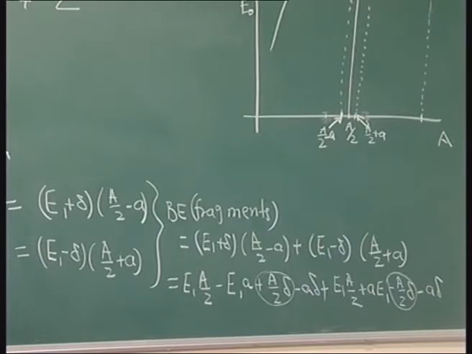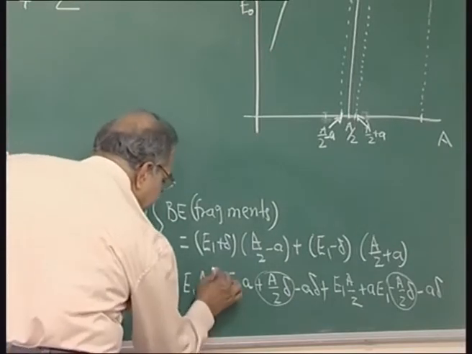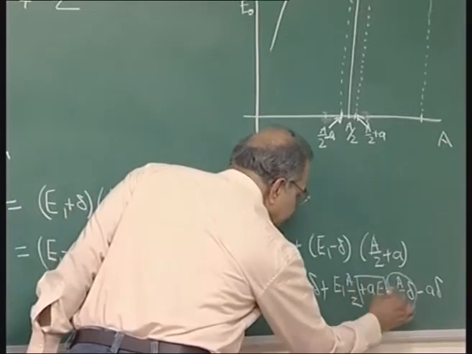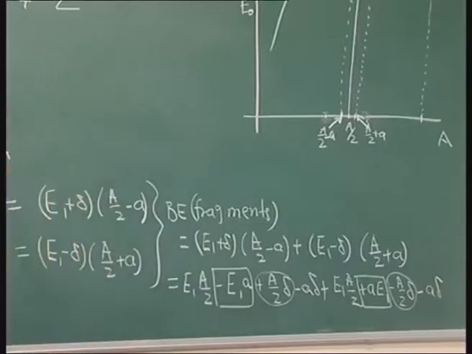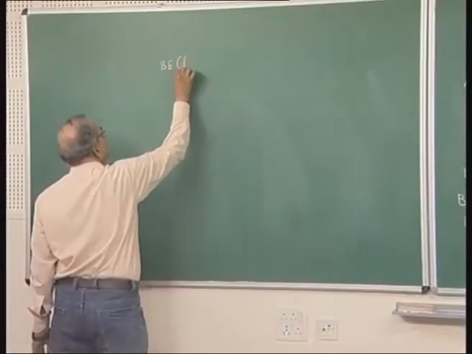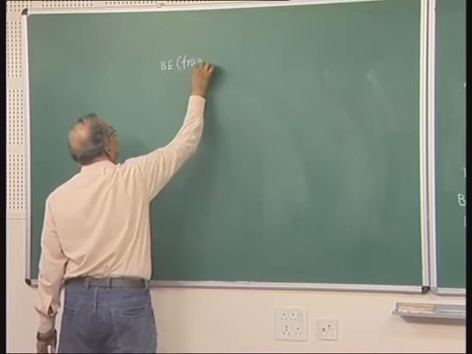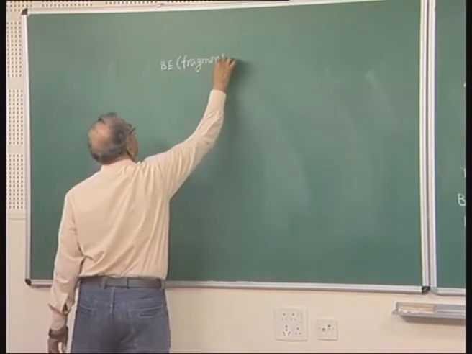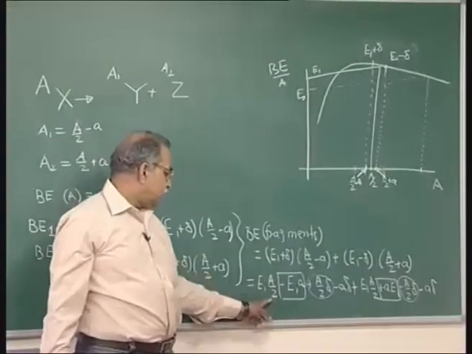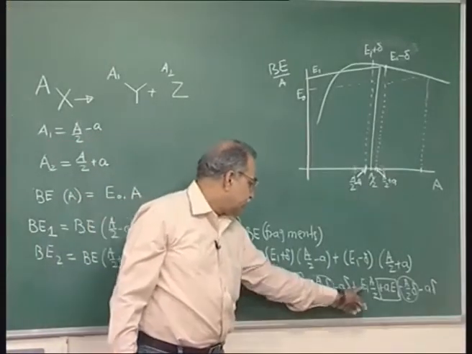And the rest of the things you can work out. E1 times a also, I can see here you have a minus E1 times a and here you have plus E1 times a. So that will also cancel out, and what is left? This binding energy of the fragments is equal to E1 into A by 2 here and E1 into A by 2 here.